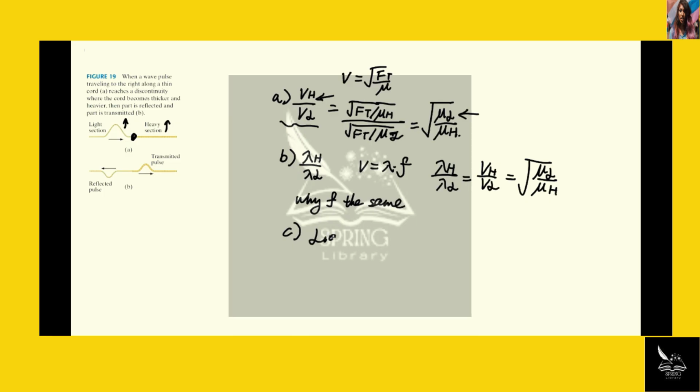So the lighter chord has larger wavelengths.